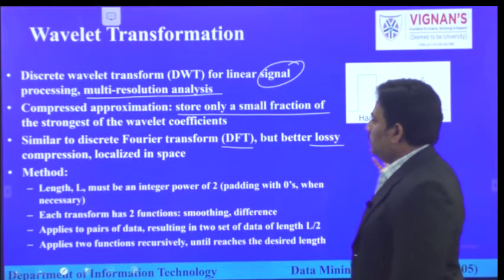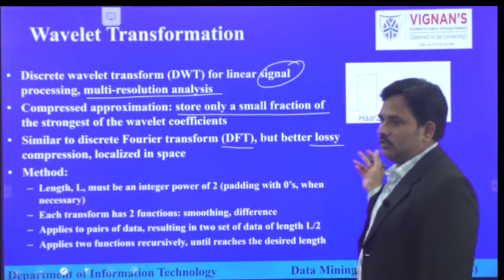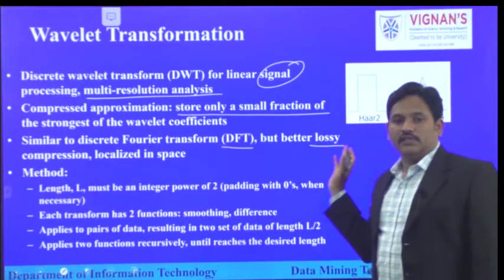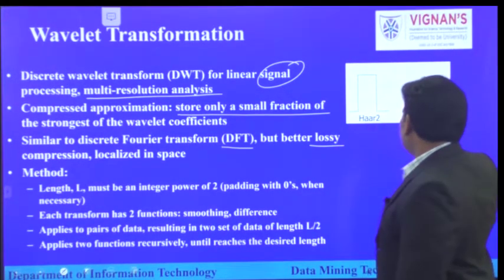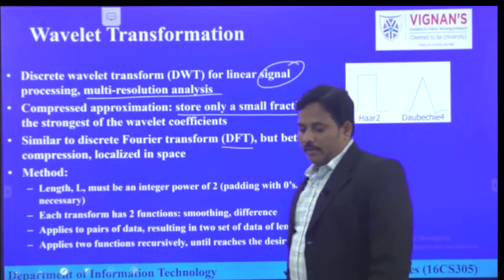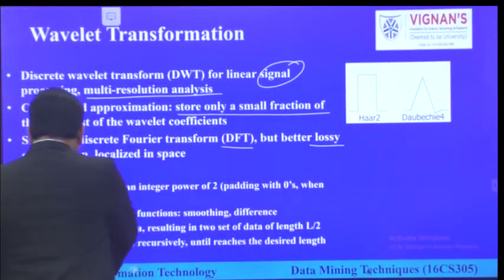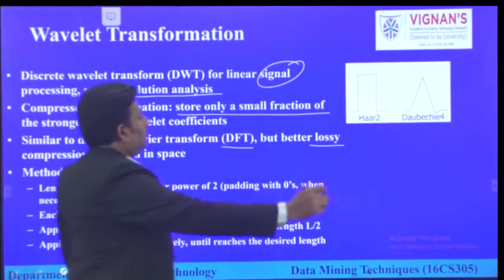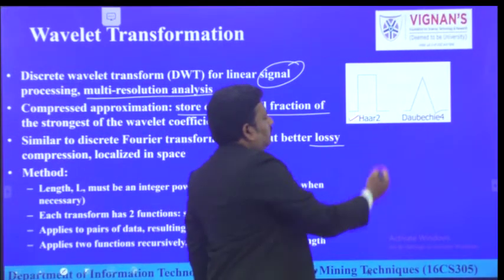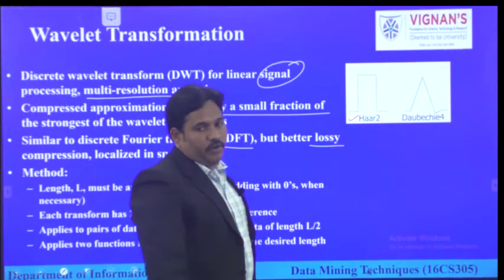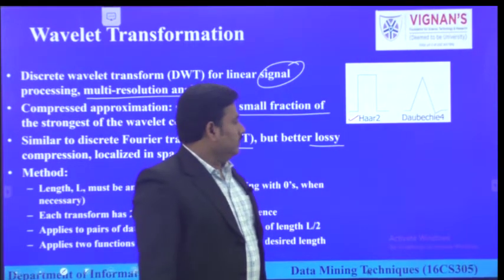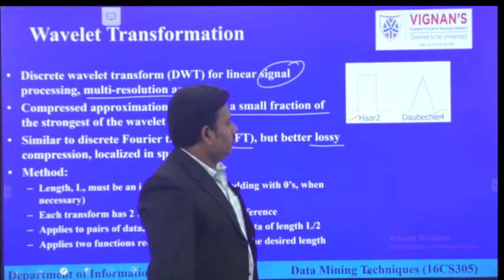Now, to apply wavelet transformation, there are two commonly used techniques, either the Haar transform or the Daubechies signals. Here we are using two signals. One is a Haar signal, which looks like a binary signal, and Daubechies looks like an analog signal.